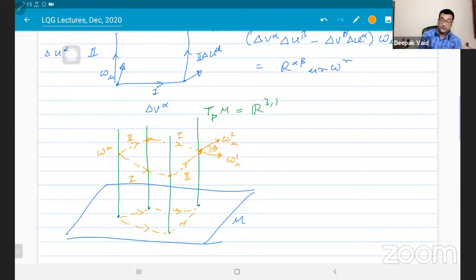And there is some deficit angle. In general, I'll call it a deficit angle. It won't necessarily be an angle because I don't need to consider only one-forms or vectors. I can consider arbitrary tensors, right?